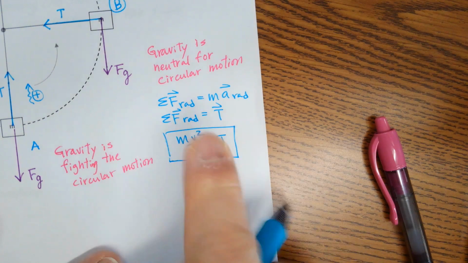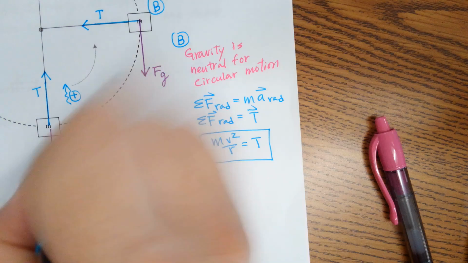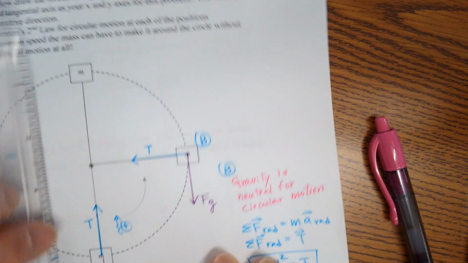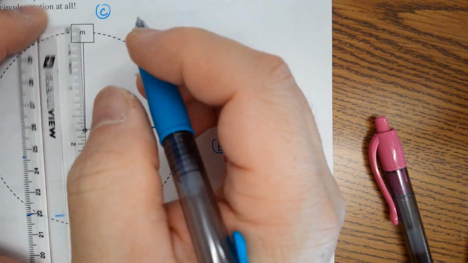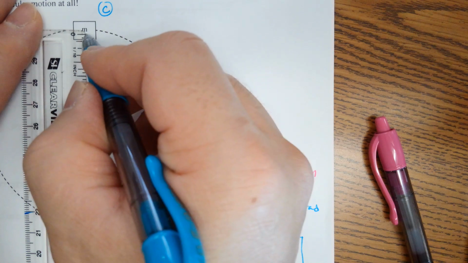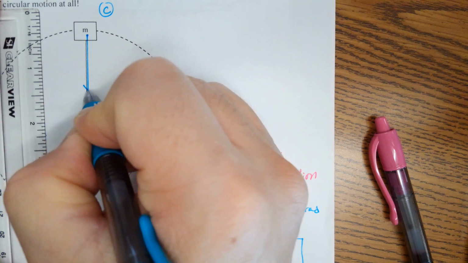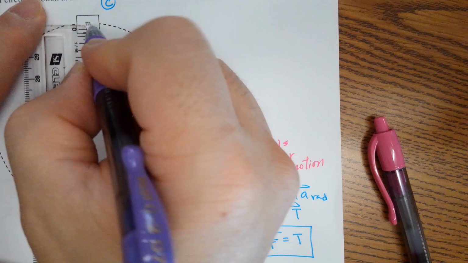Gravity doesn't come into play for part B. Now for part C, we have tension going down, and we have Fg going down.